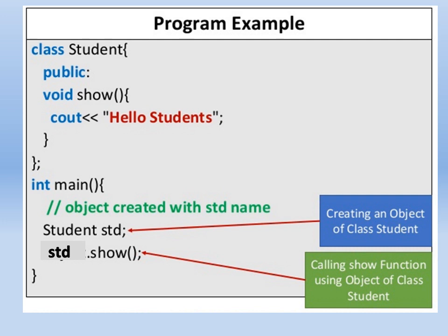So in object oriented programming, when we create the object, through that object we can access the data members and the member function of the class by using the dot operator. So std dot show means std is the name of the object, dot is the operator, and show is the member function of the class. So this is the way to create the object, and through that object how to access the data members and member function of the class.